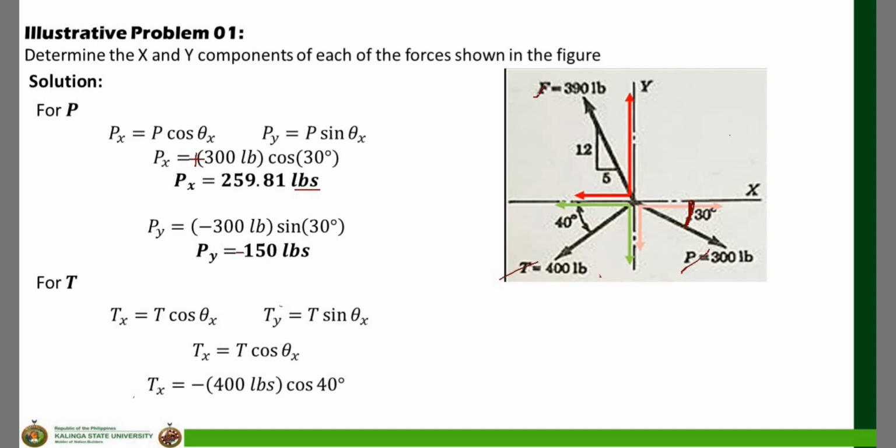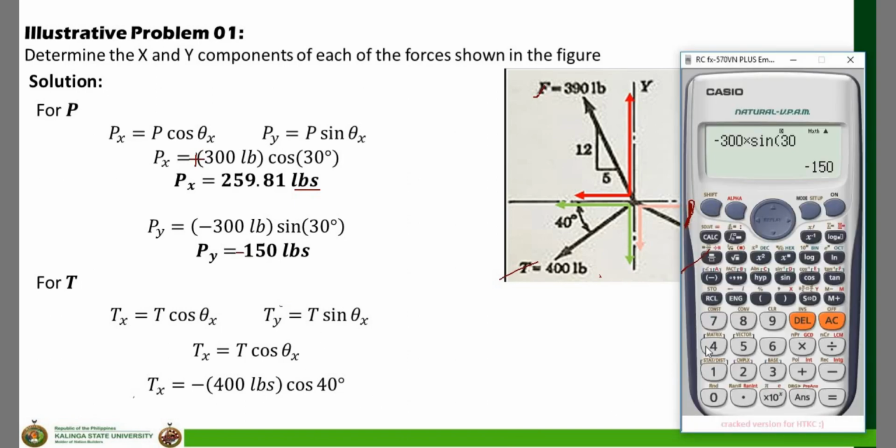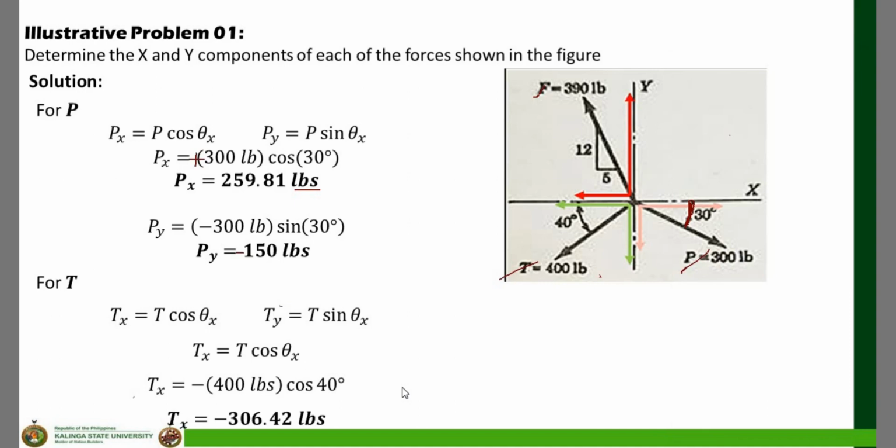Why negative? If you look at force T, it is pointing to the left, downwards. To the left, so Tx is negative. Negative 400 times cosine of 40 degrees is equal to negative 306.42 pounds.